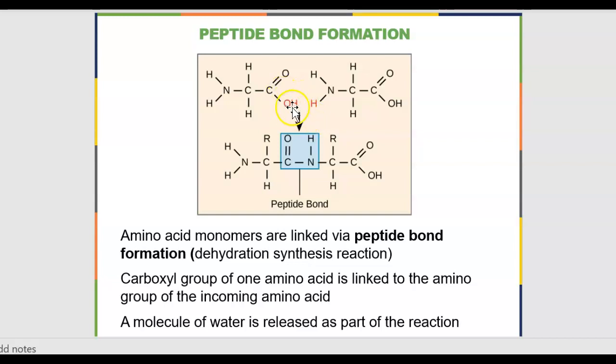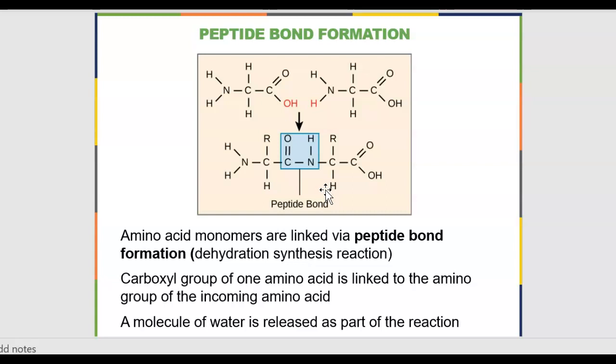So look at where the water is: the hydroxyl group on this carboxyl functional group is going to be taken out, and then this hydrogen on this amino group of the next-door neighbor amino acid will be removed, and the result will be this, a peptide bond. So water would be part of the product too, so don't forget that, but you can see how this linkage occurs. So this is a peptide bond, or very often we look at this as a peptide linkage.